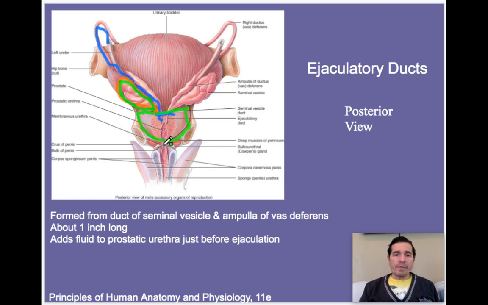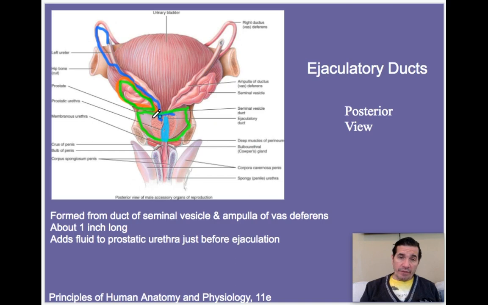Now, when we're looking at it structurally, you'll notice that here we actually have a joining, and then right here is basically where it joins the urethra, and that's the prostatic urethra.